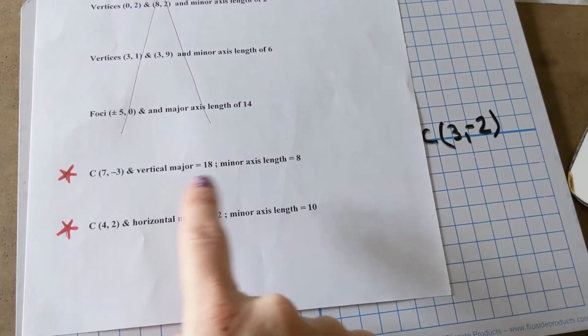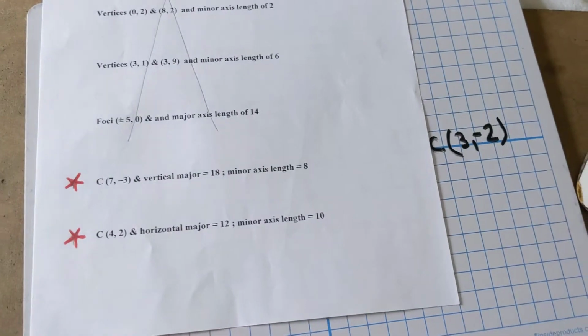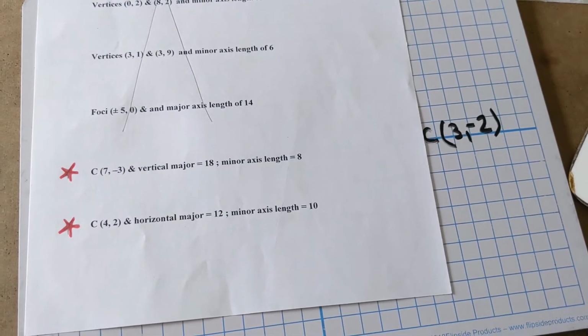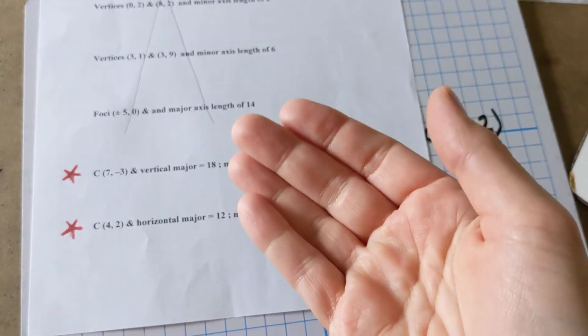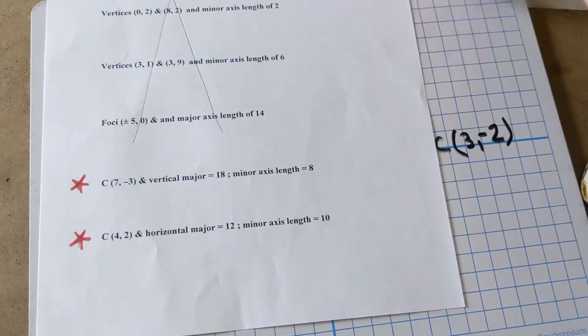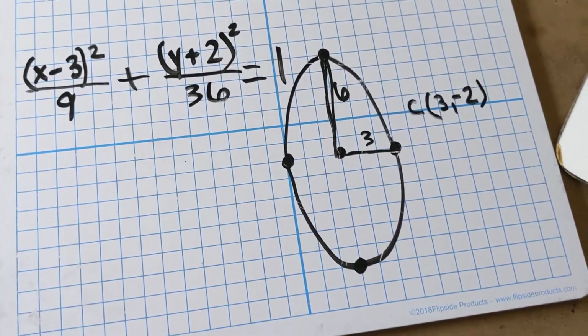Now the bottom 2 get a little bit confusing because they talk about major and minor axis. They also say something about vertical and horizontal. Hopefully that's not too bad. So like here, if I said that the vertical major was 18, then I'm talking about up and down. Kind of like here, this is up and down. Here's where you have to be careful.